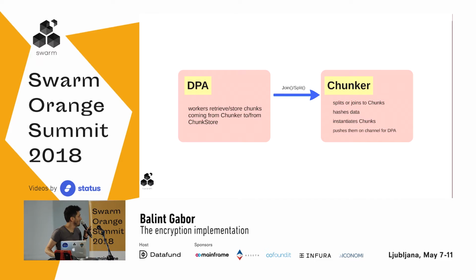So the chunker in this case is the blob on my first slide, and I wanted to extract stuff from it. It was clear that, for example, hashing can be extracted. Maybe I could eliminate the whole chunk instantiation and this channel-based communication, which is also hard to debug and complex. So these were my goals.